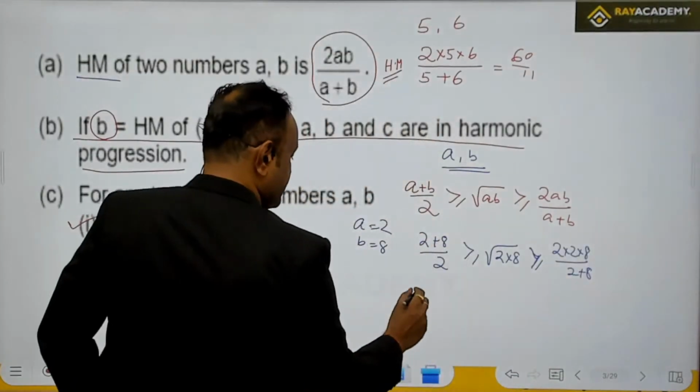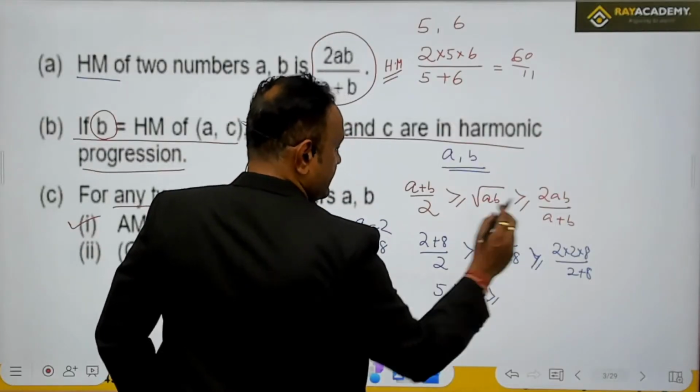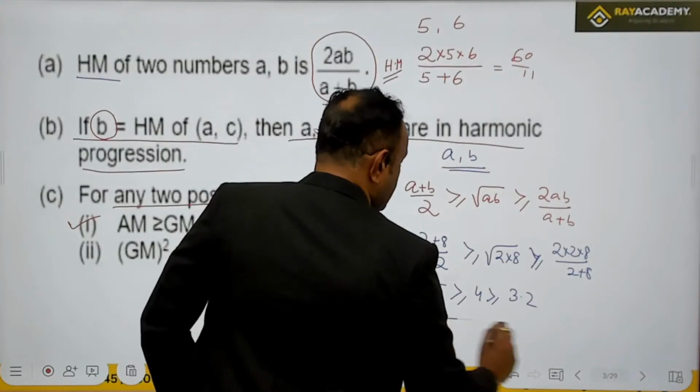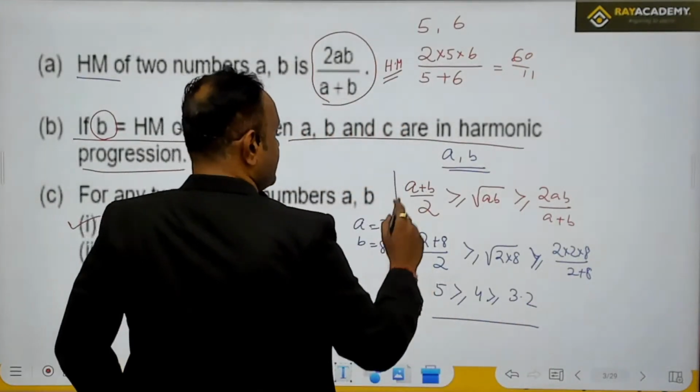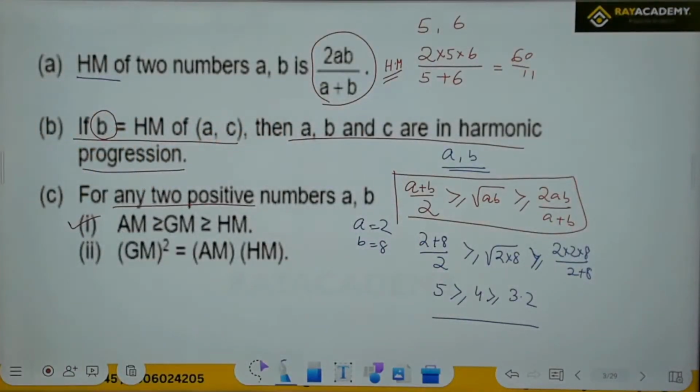Check: 8 plus 2 is 10, by 2 is 5. This one is 4. This one is 32 by 10, that means 3.2. So it is valid. Arithmetic mean is greater than geometric mean is greater than harmonic mean. This happens only when there are two numbers. Three numbers can happen.